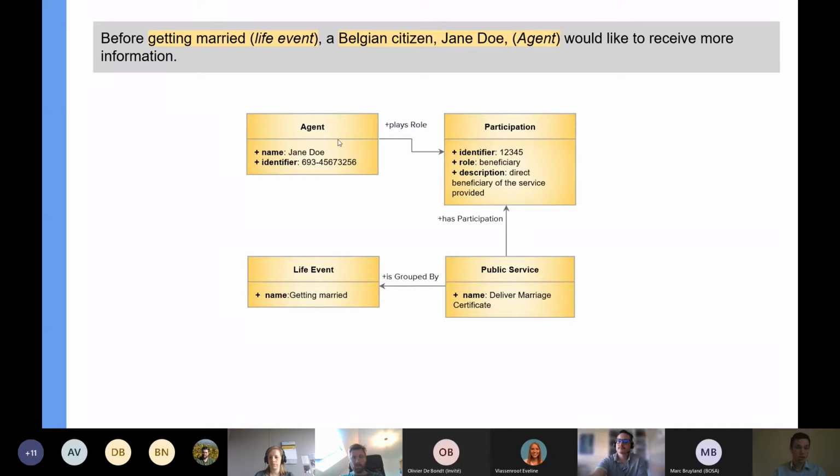So Jane is a person, and as a person she's also an agent, which is an abstract concept to capture information about people and organizations. Her role within this public service is being a beneficiary. She starts the request, and she will benefit from this service.